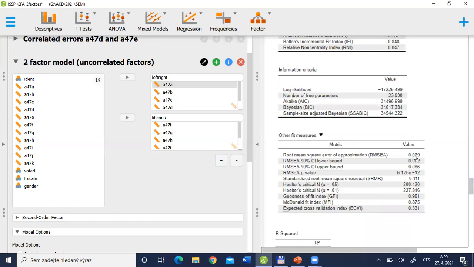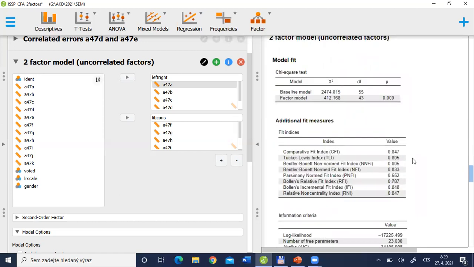So it is fulfilled, 0.078, so nearly the border. And SRMR recommended value below 0.05 and here 0.111. So at least according to SRMR and CFI, TLI, maybe there are some problems present in my model.